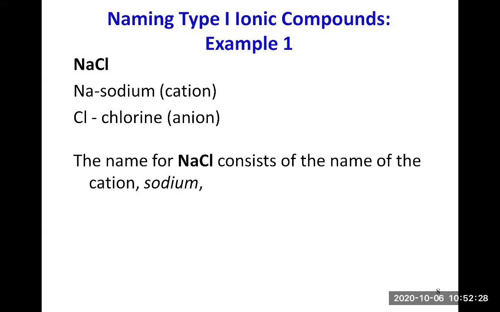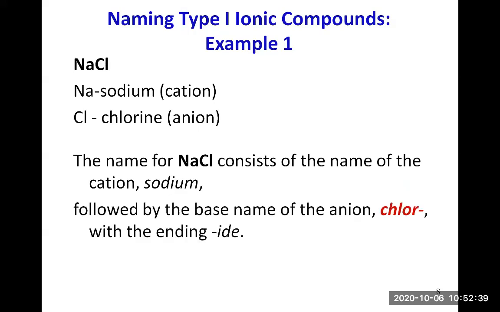The name for NaCl consists of the name of the cation, so sodium, you just take it as it is in the periodic table, followed by the base name of the anion. Chlorine has the base name chlor, and you change the ending to "ide". So the full name is sodium chloride.